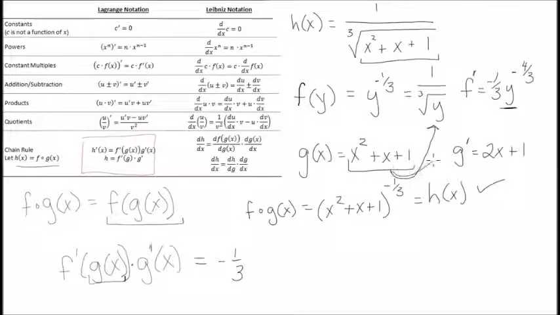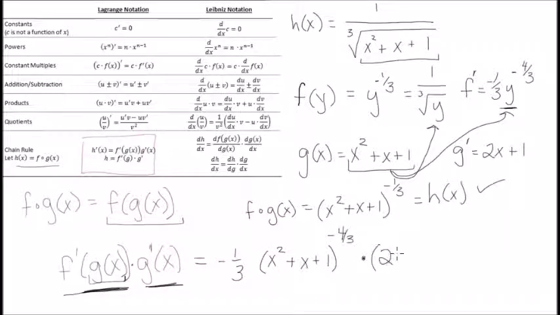So I'm going to substitute in my x squared plus x plus 1 raised to the negative 4/3 power. So that gets me this first half of the chain rule. I've taken the derivative of f with respect to y, and then I've substituted in g of x for that y. And now I'm going to multiply it by the derivative of g, which was 2x plus 1.